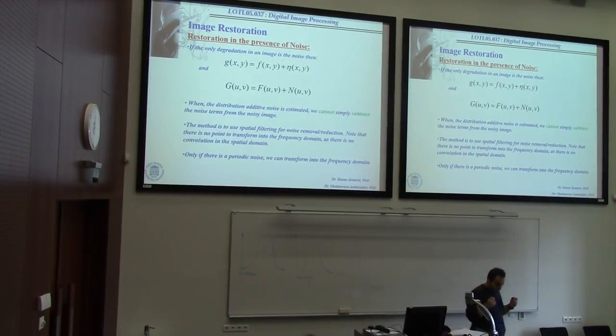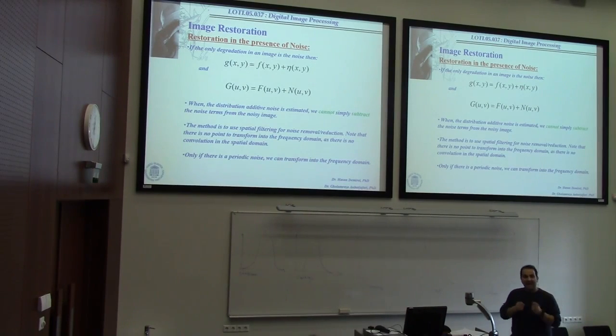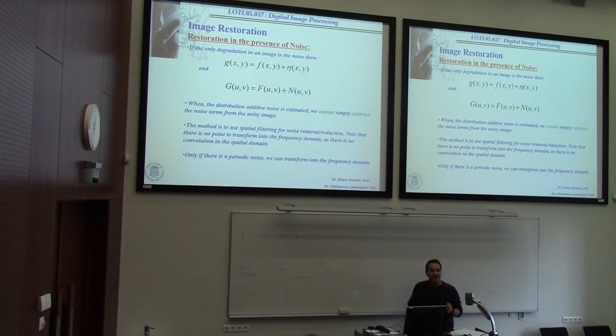Also, you know that when we add some noises to the image, and after that we estimate the type of the noise, we can't just use some subtraction to remove or reduce the amount of noises in the image.